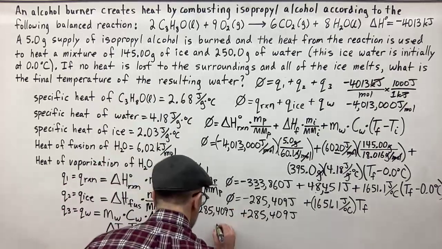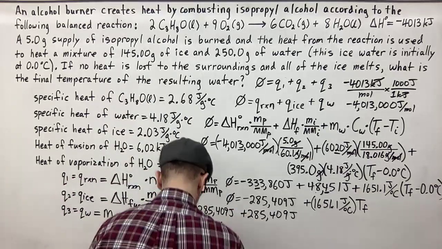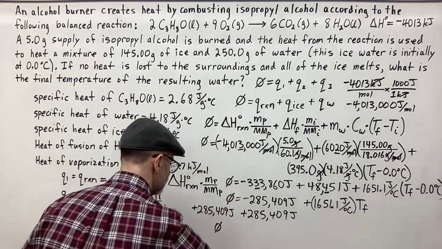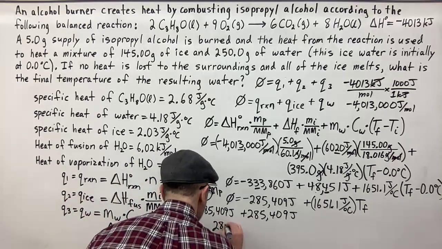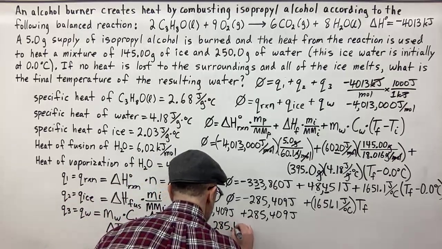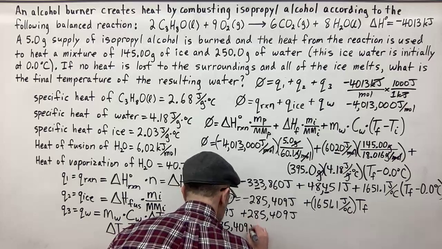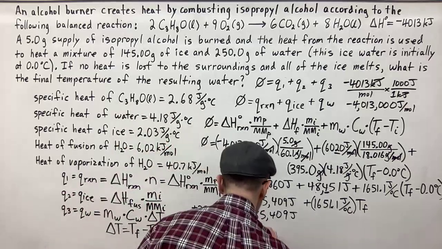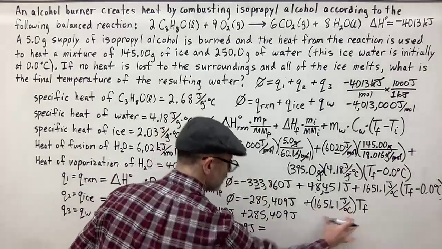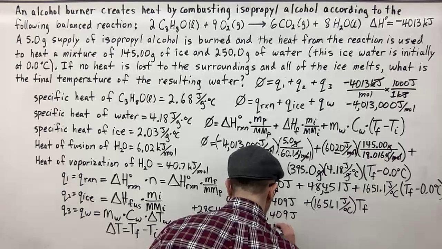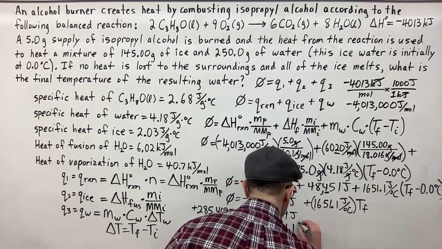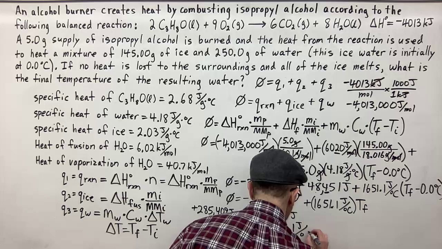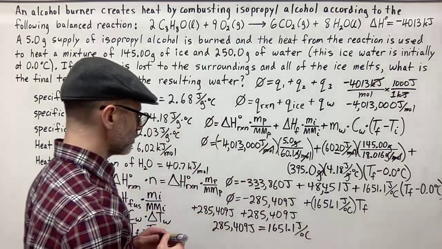And then I end up with 0 plus this gives me 285,409 joules equal to, and then this, 1,651.1 joules per degree Celsius.